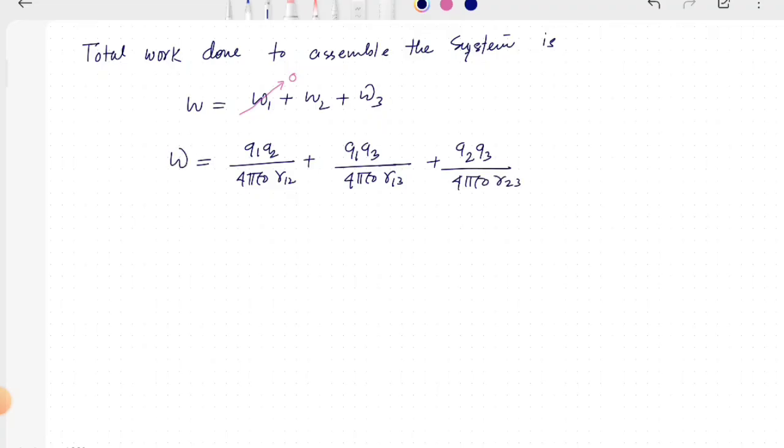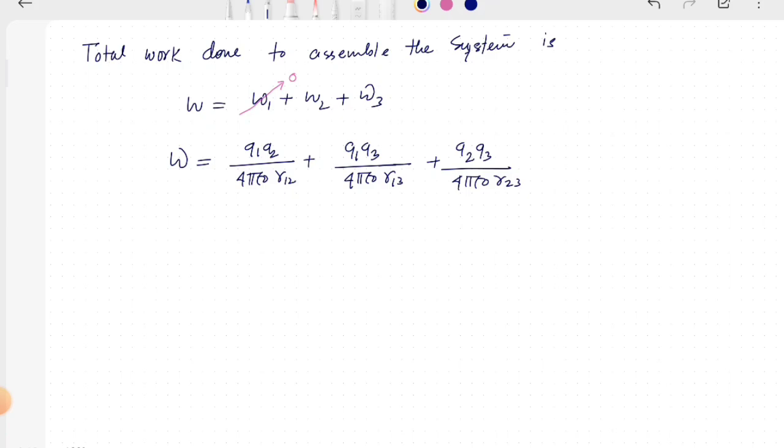So for that system we calculate the net work done. The work done to assemble the system will be stored as the potential energy of the system.